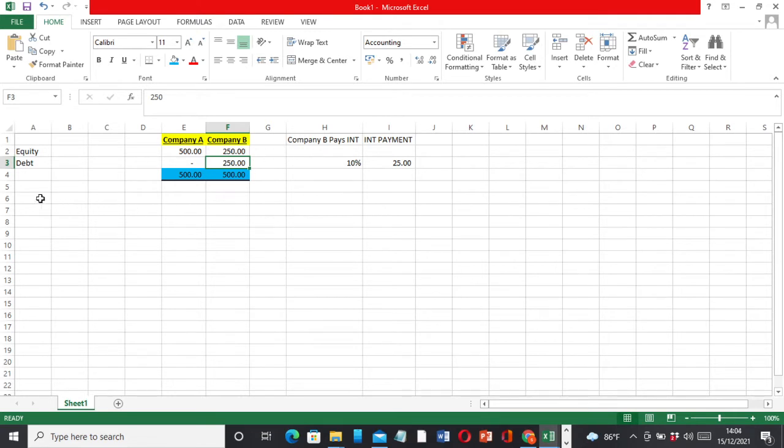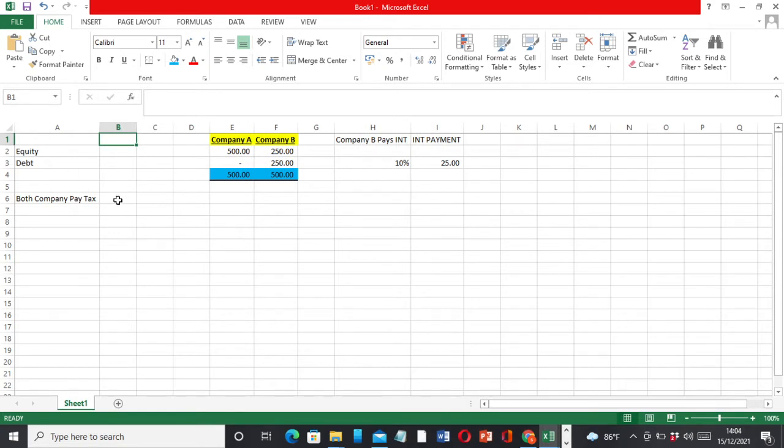So let's go further. Both companies pay tax, right? At what rate? Let's say 30%. Yeah, that sounds good. 30%, fine. And also let's make an assumption about turnover.